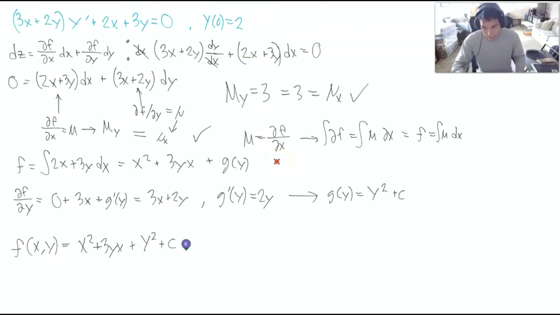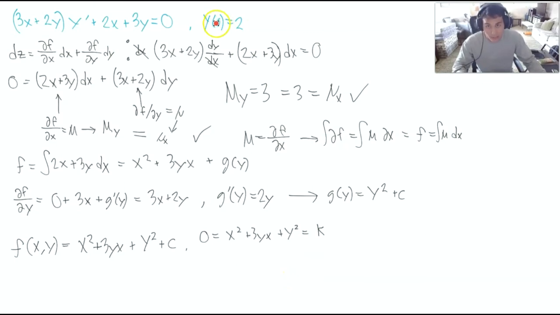Okay, so what we could do is, okay, so f of x comma y, we usually have this whole f of x comma y is equal to 0. So 0 is equal to x squared plus 3yx plus y squared, and I'm going to say k. So k is our new constant. K is minus c. Okay, now I'm going to input these values.